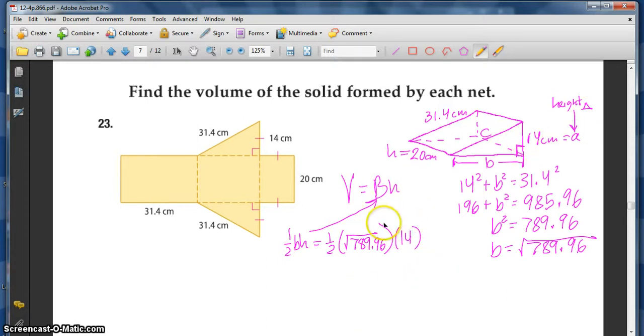And then to find the volume, I just want to multiply that by the height of the prism. So my volume is equal to half square root of 789.96 times 14 times 20.